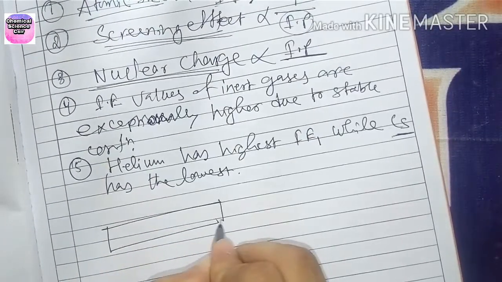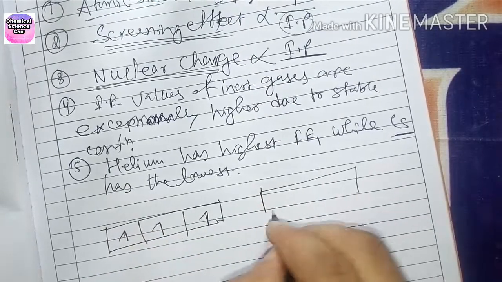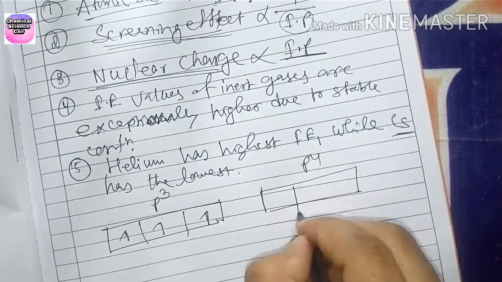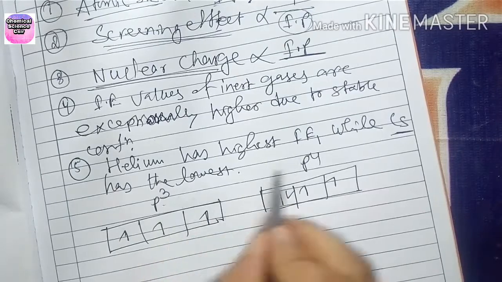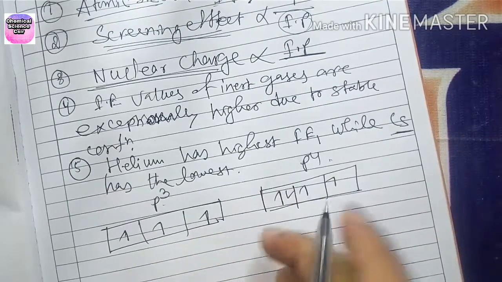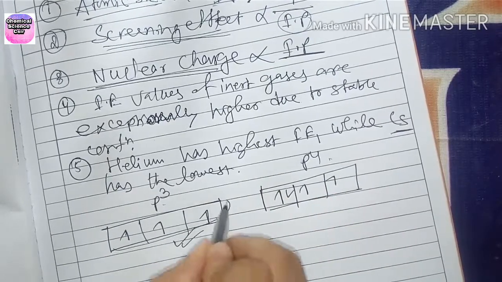Another factor is half fill and full fill. Suppose P3 is half filled, and another is P4. Now compare between this one and this one: which one needs more ionization enthalpy? Here, more ionization enthalpy is needed. Why?